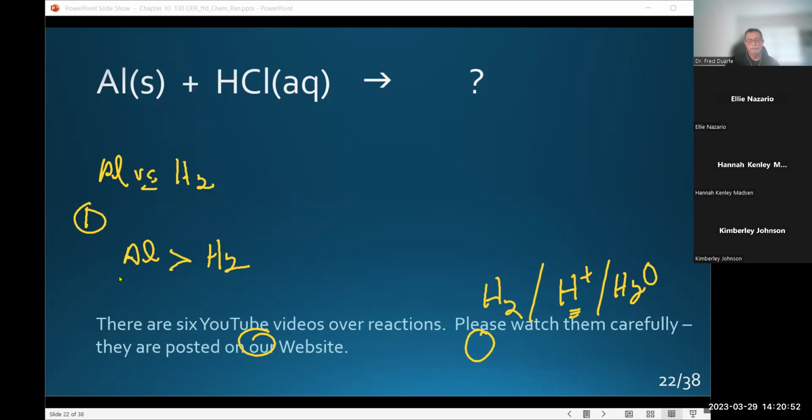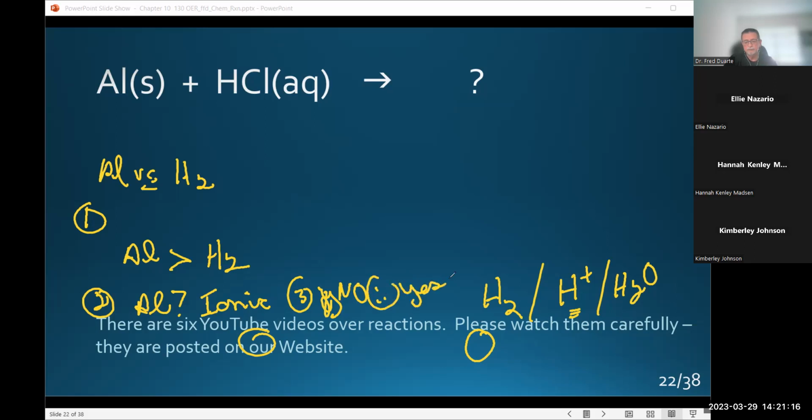Okay. So then question number 2, is aluminum in ionic form? Is aluminum ionic? And number 3 says no. So that implies yes for the reaction. Okay.